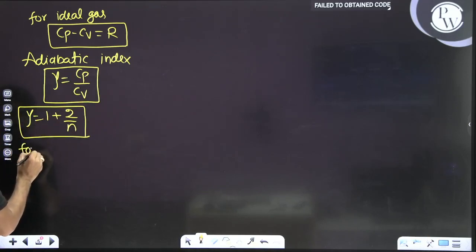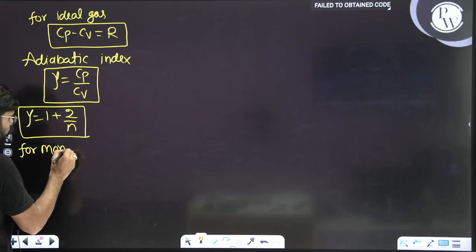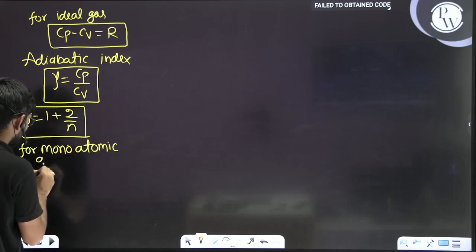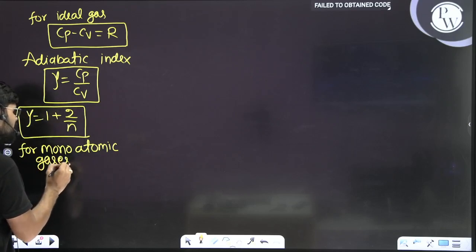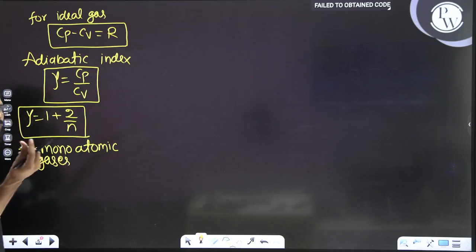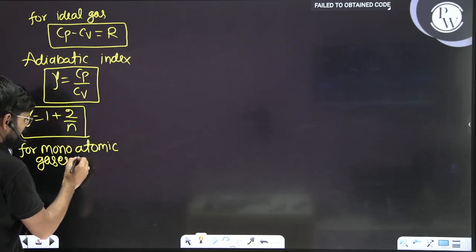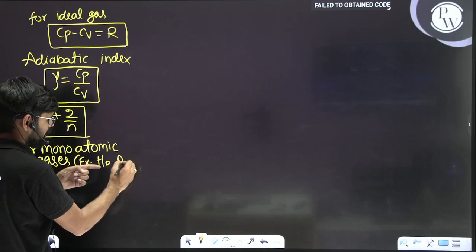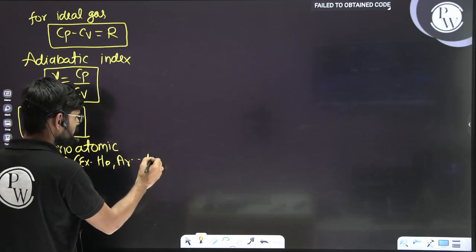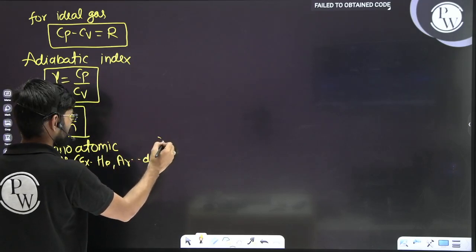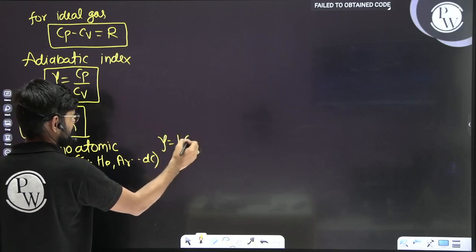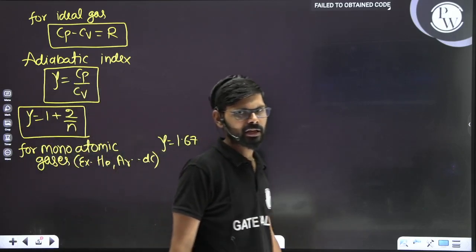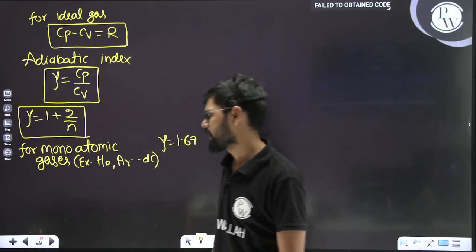For example, monoatomic gases, where only one atom is there, like helium, argon, etc. For these, the value of gamma is 1.67. How this 1.67 comes about we'll discuss when we cover the first law of thermodynamics.